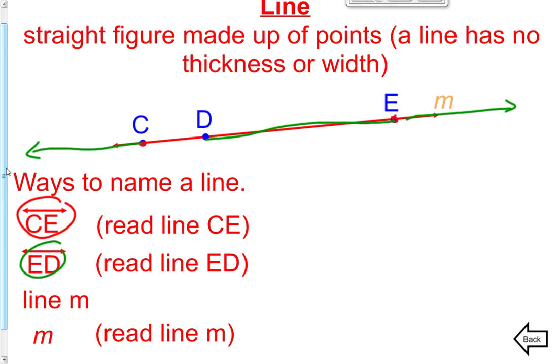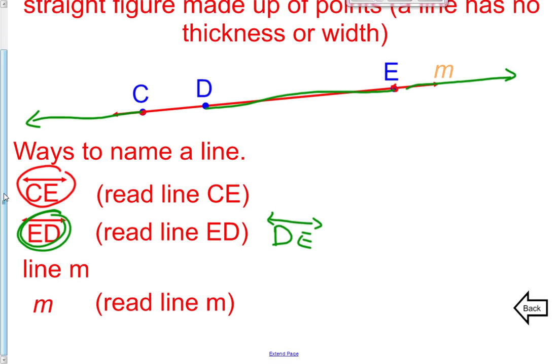So we could use these letters in any order as well. We could call it line DE, and that would be the same name for that line. We could call it EC, or we could call it DC, or we could call it CD. We could call it any of those two names as long as we use two letters to name it. And again, it's two capital letters.